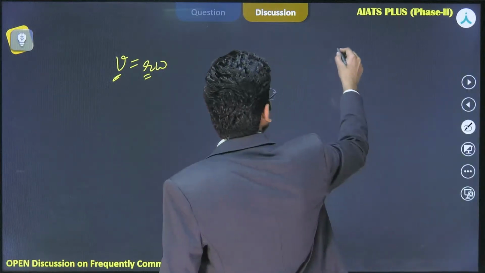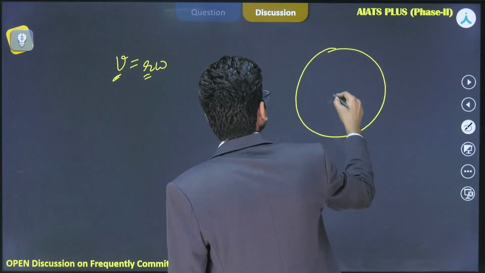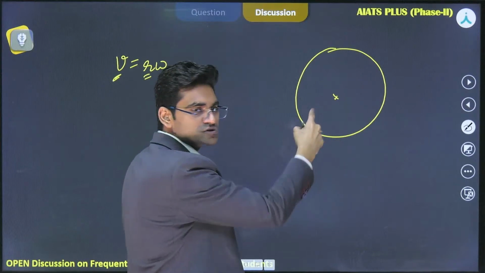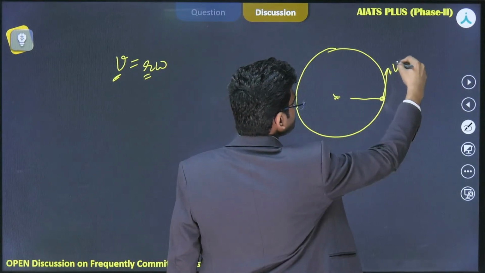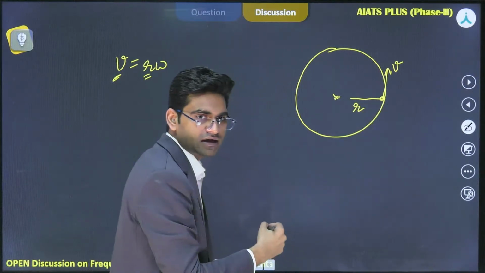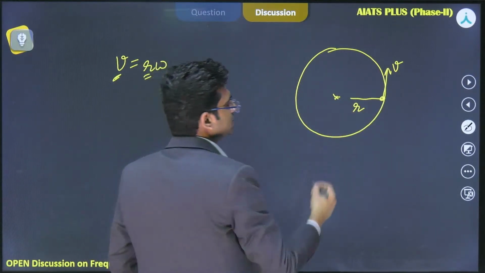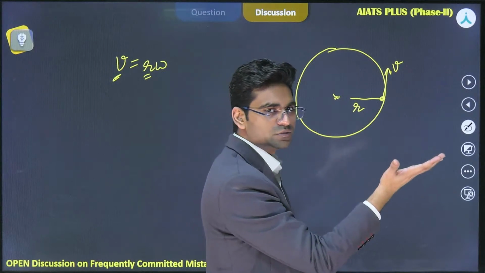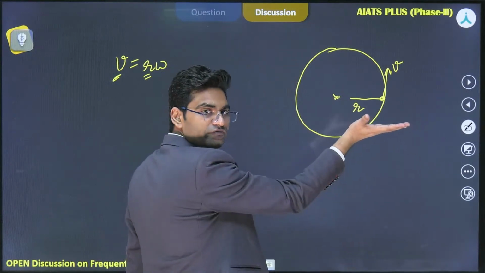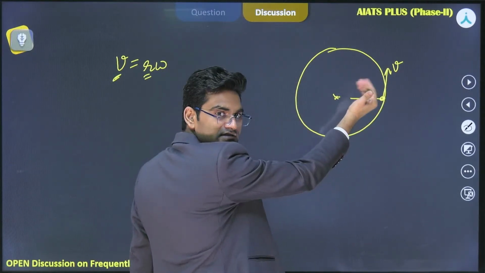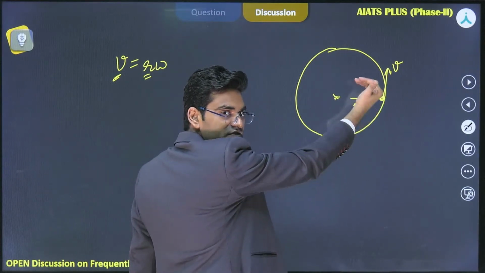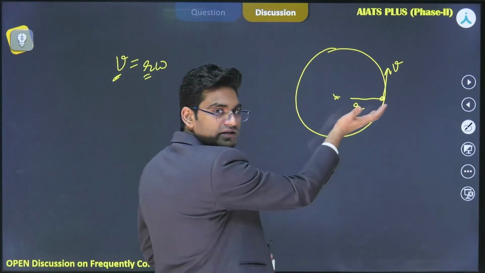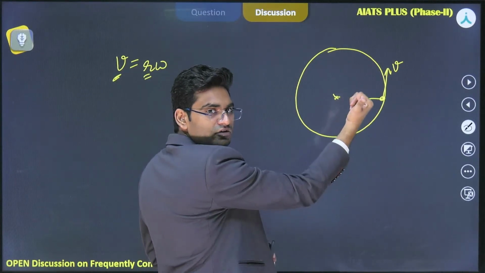Now, where can we draw this omega in this circular motion? If this particle is moving, and this is radius vector r, then using the right hand thumb rule, rotate your fingers in the direction of this velocity, or the direction of this motion, and you will get the direction of omega with your thumb.